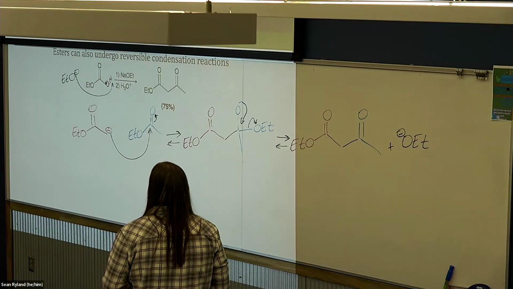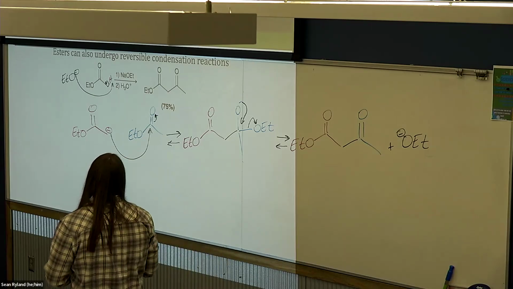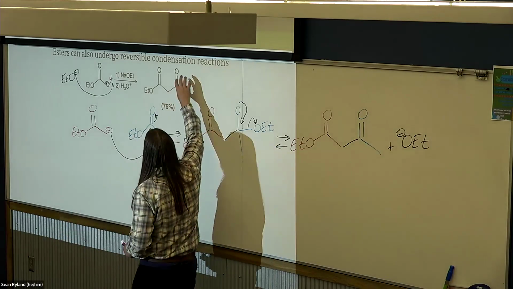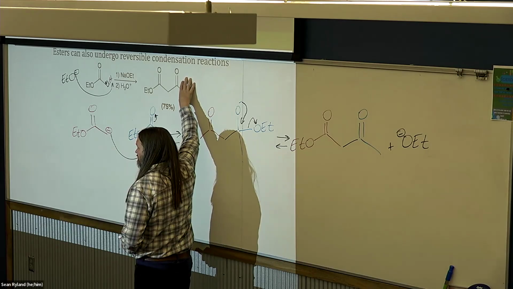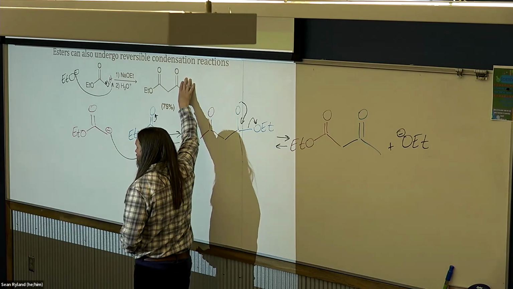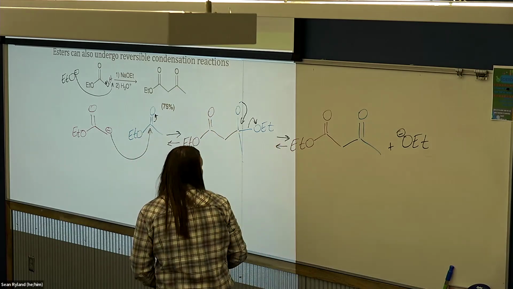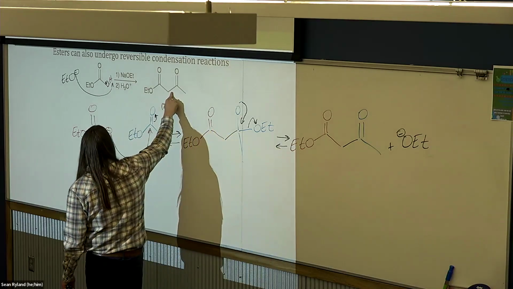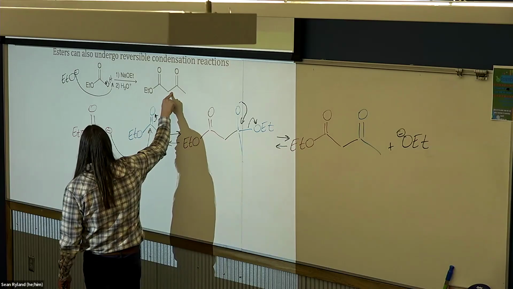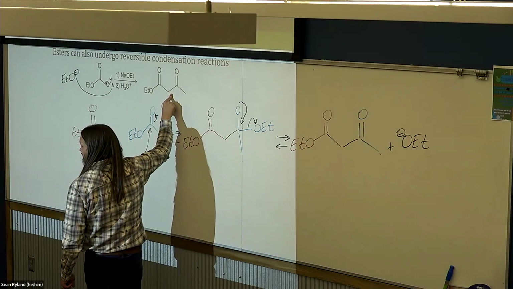When we want to make this product, do we want it to happen at low temperatures or high temperatures? We don't want to make a water molecule. And this already is downhill in terms of entropy.